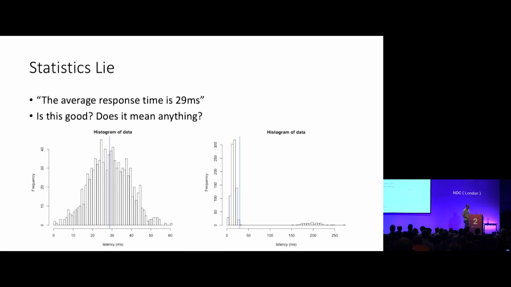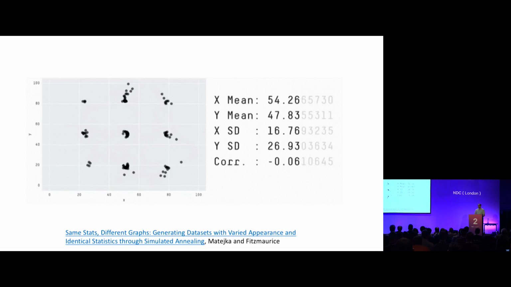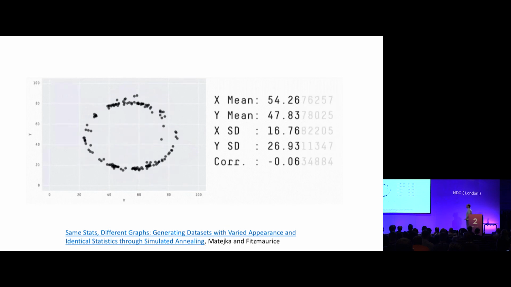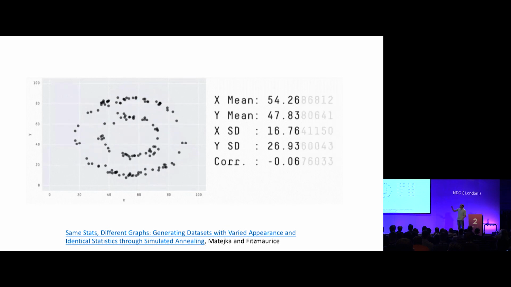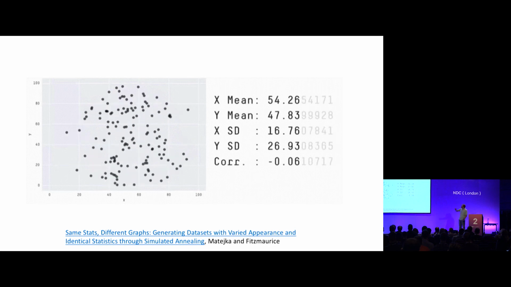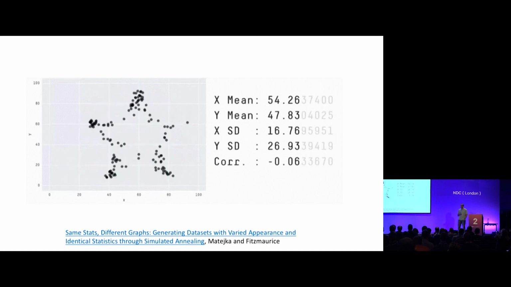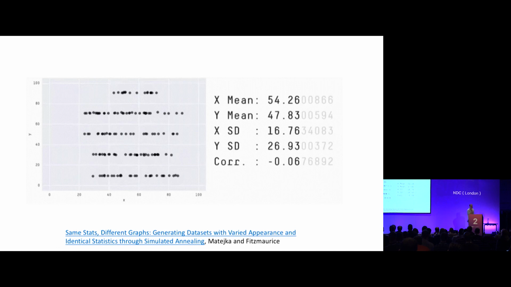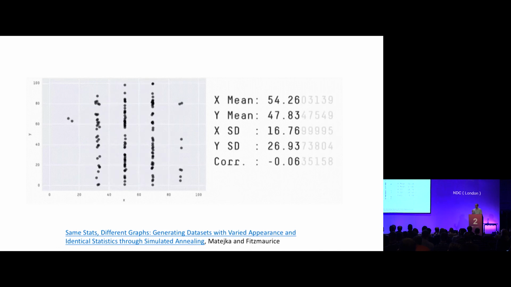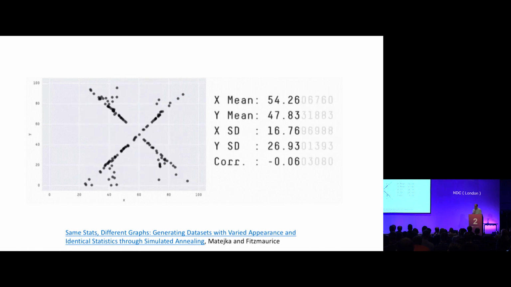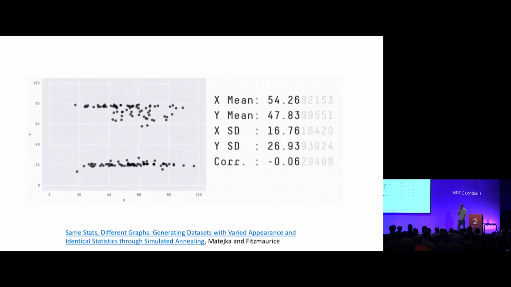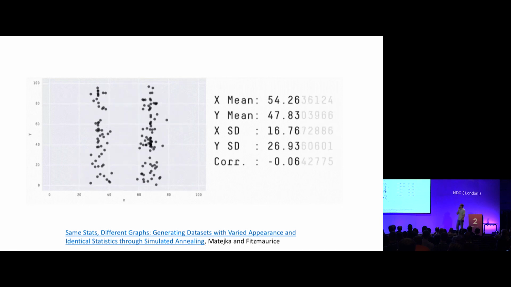This is a really cool paper from Autodesk written last year which focuses on visualization, and all these different dots you see on the screen have the same average across the x-axis, the same average across the y-axis, and the same standard deviation on the x-axis and the y-axis.